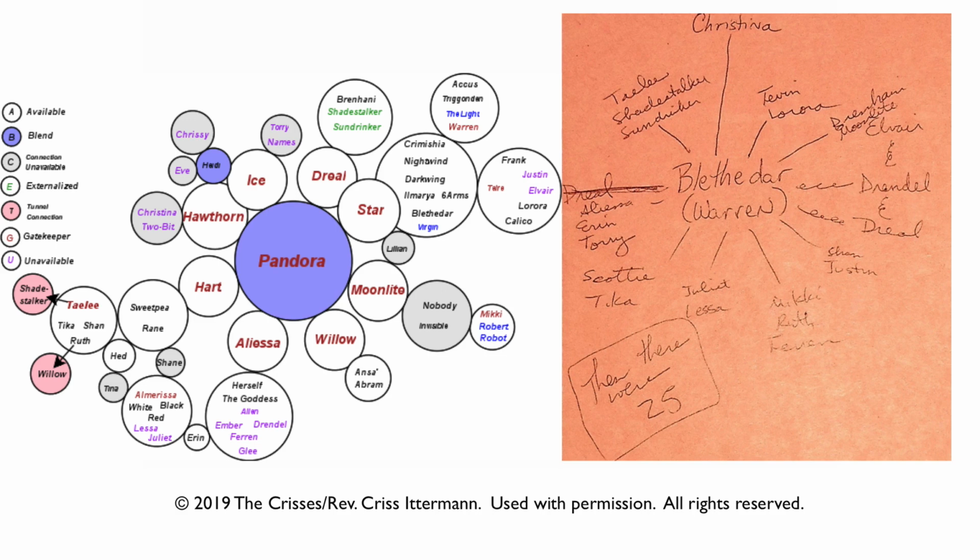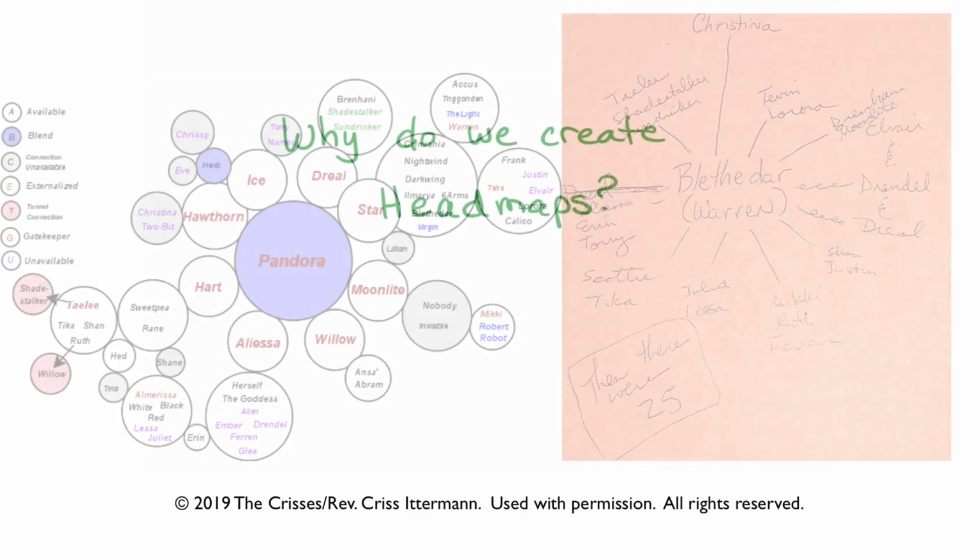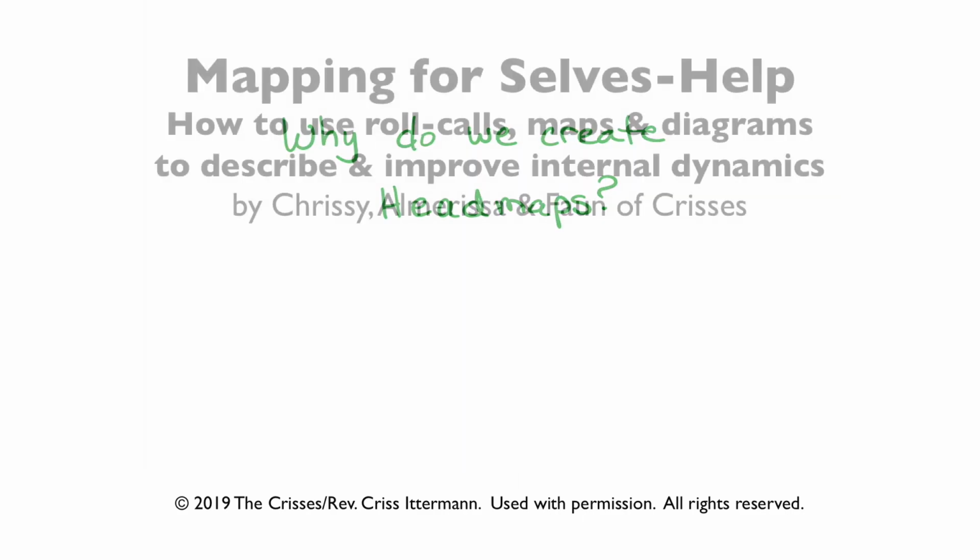So there's many different ways of creating head maps, and we've got 9 or so different overall approaches to making a head map that we're going to describe to you later. The types of information that can be shown on a head map vary also.